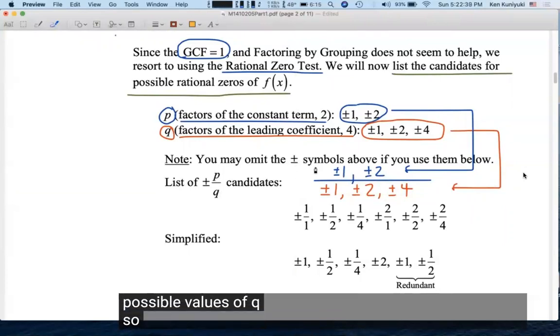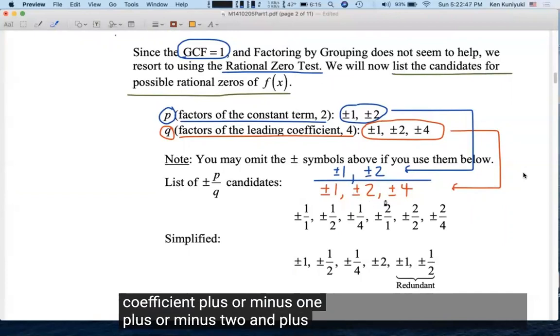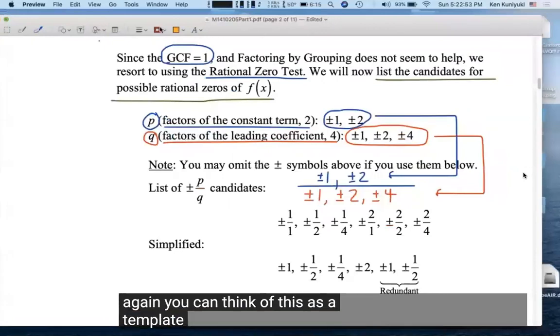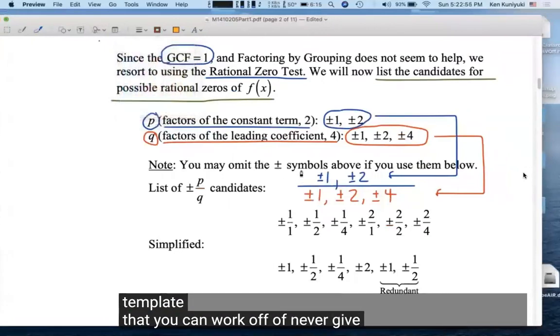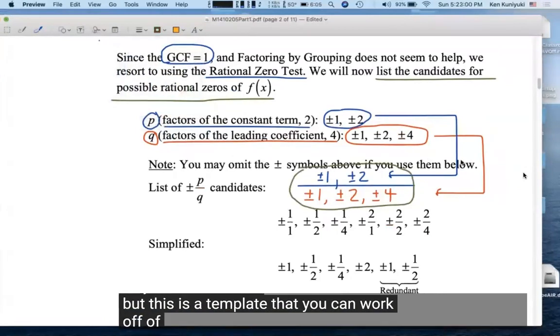So the factors of the constant term, plus or minus 1 and plus or minus 2, over the factors of the leading coefficient, plus or minus 1, plus or minus 2, and plus or minus 4. Again, you can think of this as a template that you can work off of. Never give this as your final answer, but this is a template that you can work off of.